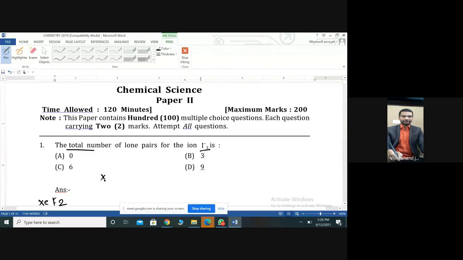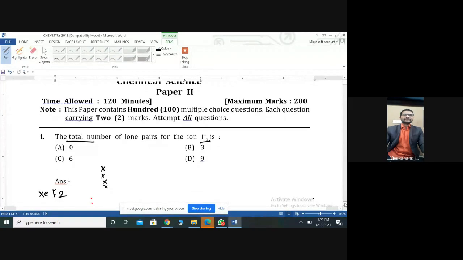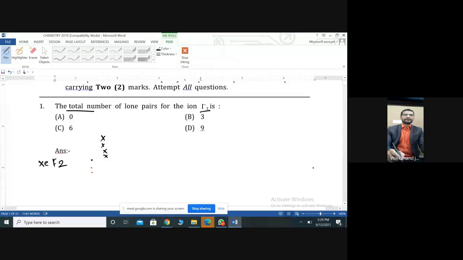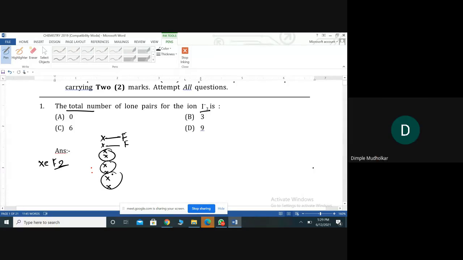So we have 8 electrons in our outermost shell. Of those 8 electrons, 2 electrons I'll use with the fluorines: first one electron with this fluorine, second one electron with the other. Now, how many electrons remain? 3 lone pairs.